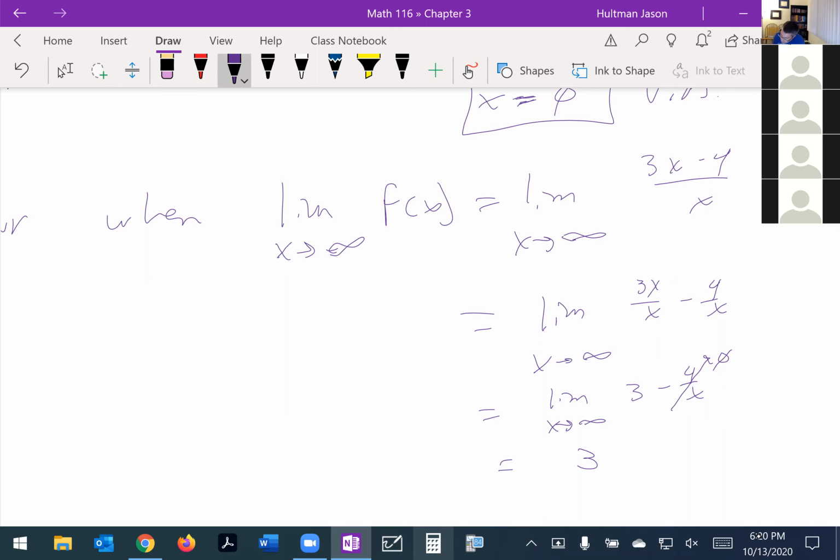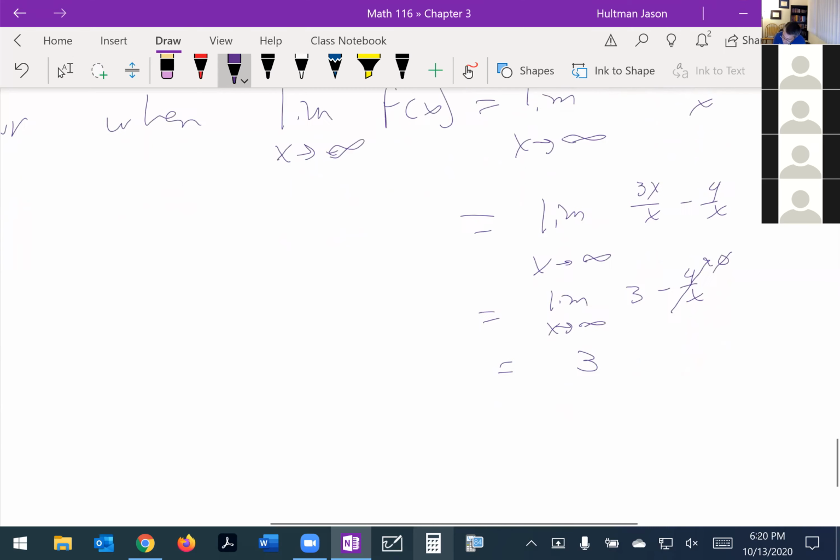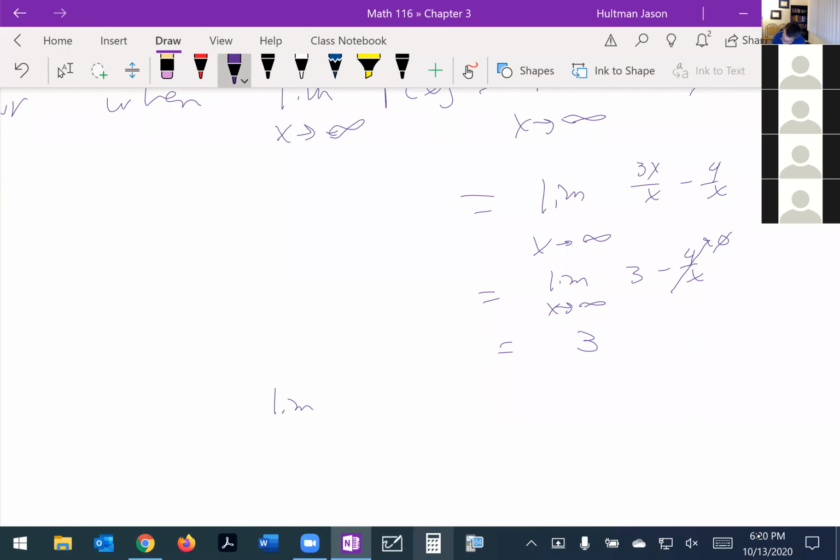And what happens when x goes to negative infinity? The limit as x approaches negative infinity of f of x is equal to the limit as x approaches negative infinity of 3x minus 4 over x, which again is the limit as x approaches negative infinity of 3 minus 4 over x.